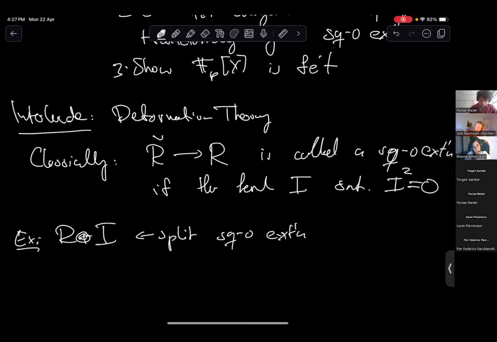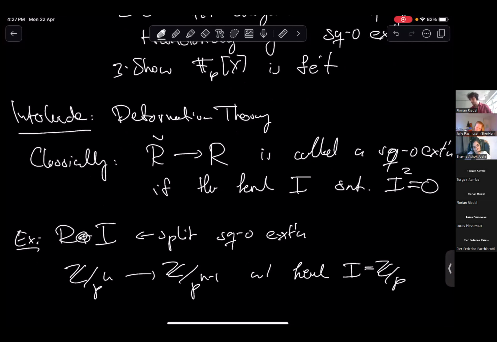It's quite easy to do, and the thing that we already had above is the mod p map from Z/p^n to Z/p^(n-1), and this has kernel I equal to Z/p.